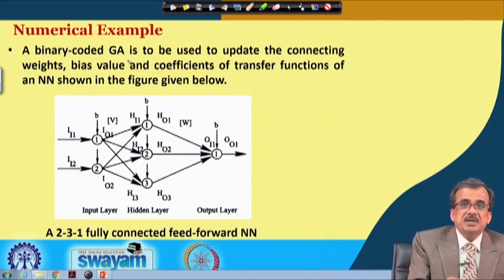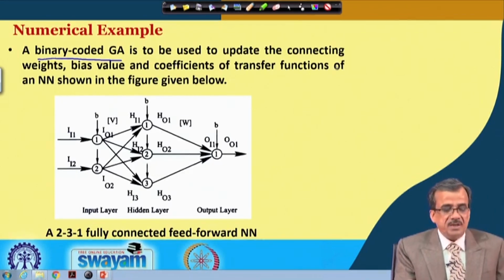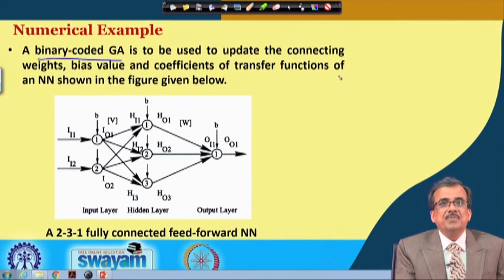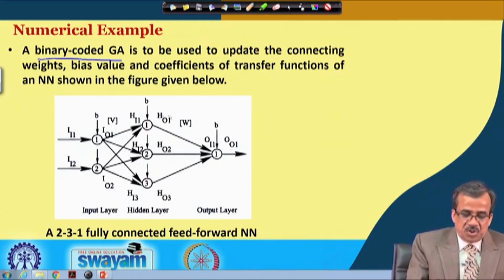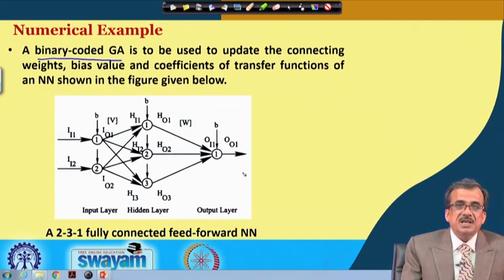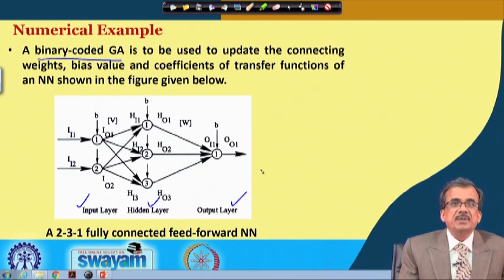A binary coded genetic algorithm is used to update the connecting weights and coefficient of transfer function of a neural network as shown below. So, this is a very simple network having 3 layers: input layer, hidden layer and output layer.